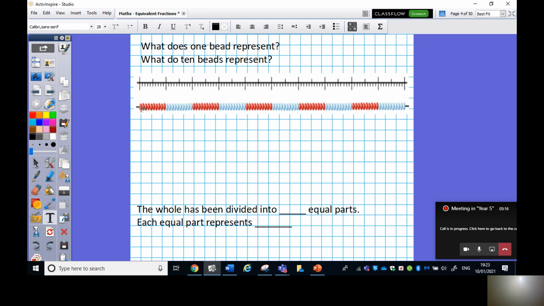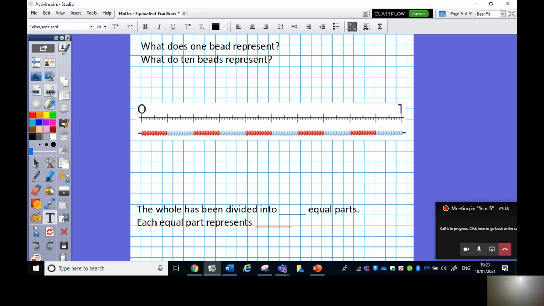Yeah, 100. Excellent. But now I'm going to limit you. So I'm going to put 0 at the beginning of my number line and then 1 at the end of it. So now, what does 1 bead represent? So I know that there are 100 beads and I'm looking at one of them. So yeah, 1/100.